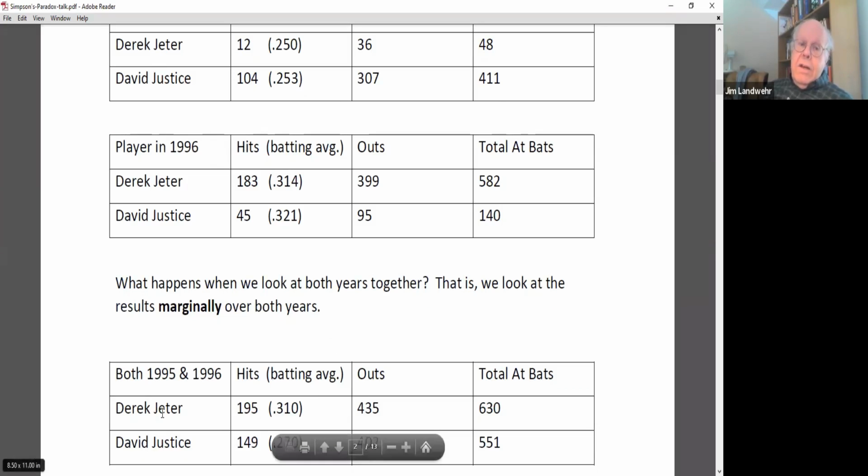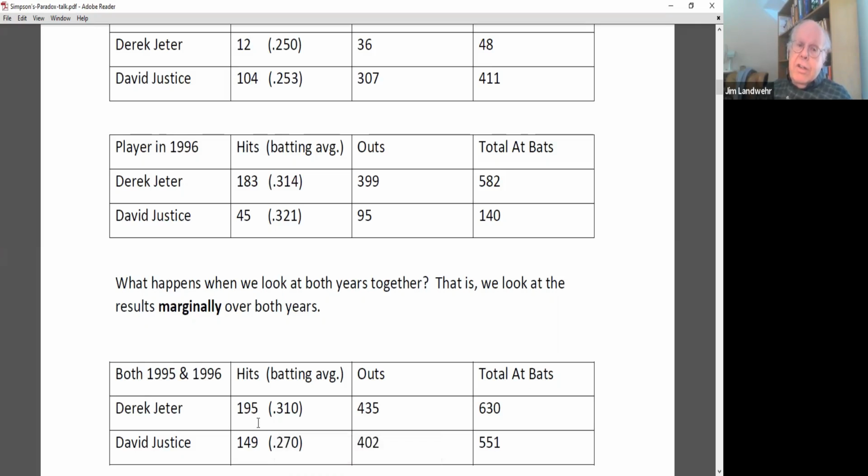So we then look at 95 and 96 together. Jeter had 48 at bats in 95, 582 in 96. So Jeter's total at bats would be 630, and Jeter's total hits would be 12 plus 183, 195. These are just straightforward calculations.